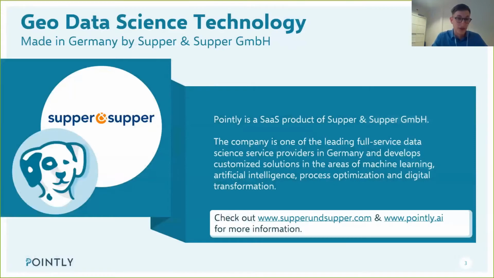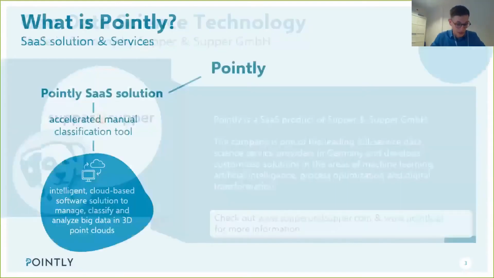Pointly is the Supper and Supper brand that is like the umbrella for everything related to point clouds and the services we offer for that. And also we have a platform which is also called Pointly. I will tell you a little bit more about that in a second.